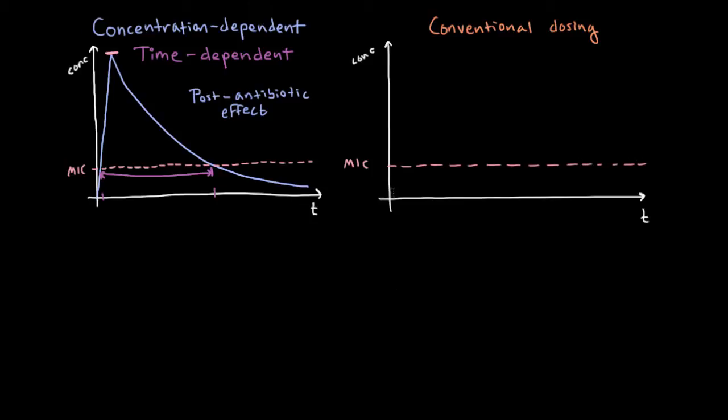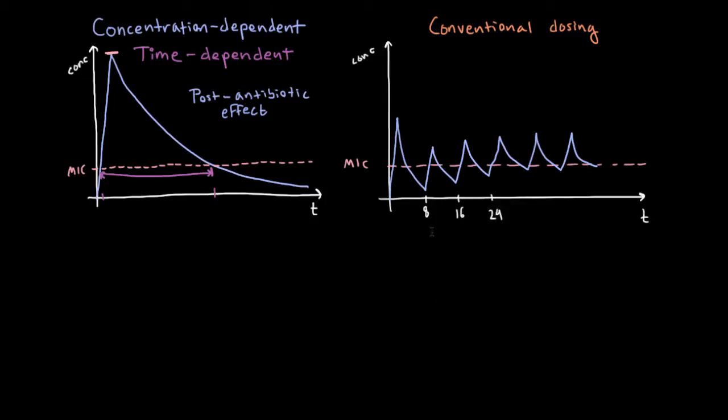Okay, so with conventional dosing, what you do is you give a loading dose, and after that the concentration drops exponentially as usual. And then every 8 hours you are going to give a maintenance dose. It's not necessarily always every 8 hours, but that's a reasonable number to use for now. So this would be at the 8-hour mark, this would be at the 16-hour mark, this would be at the 24-hour mark, and so on.